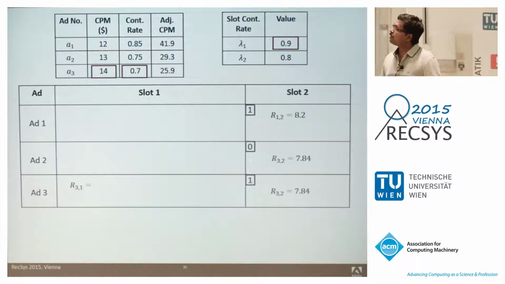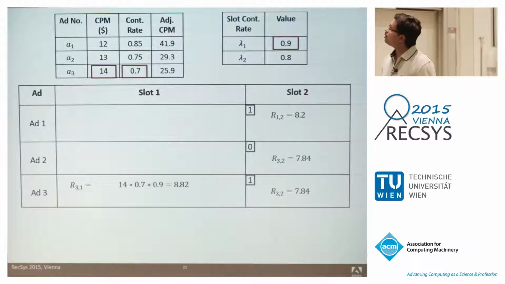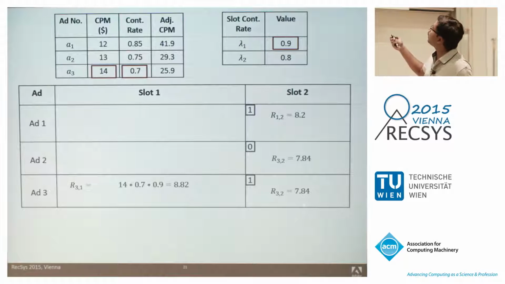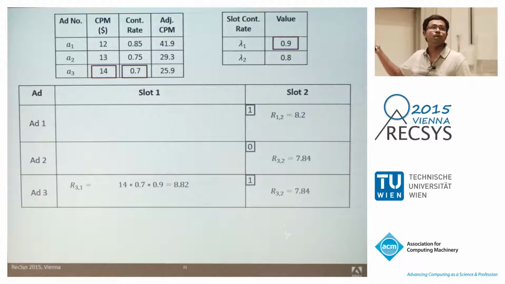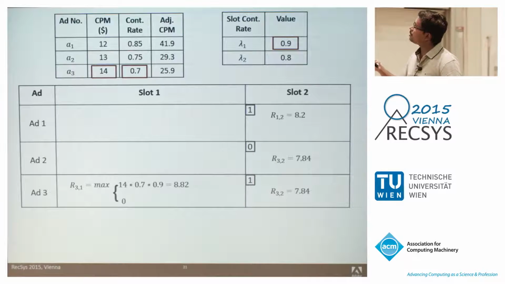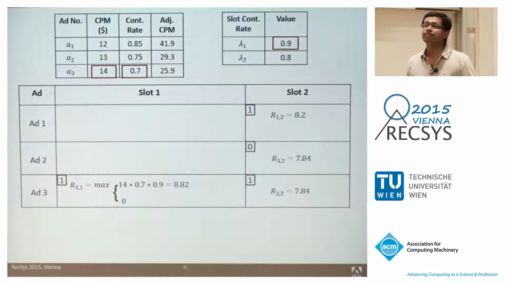Now when you come to the 3rd ad in the 1st slot, once again you have nothing in this slot, because you cannot select ad 2 or ad 1 here, as that would break the descending order. So once again the alternative is 0, it is generating more than 0, and it becomes viable for selection.